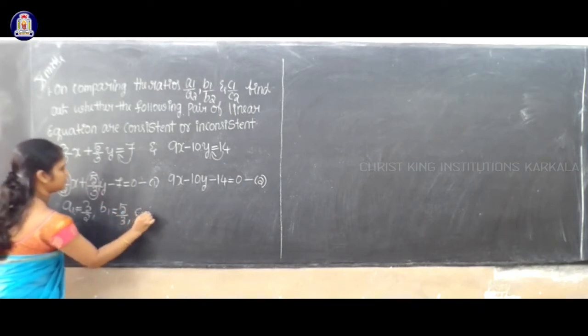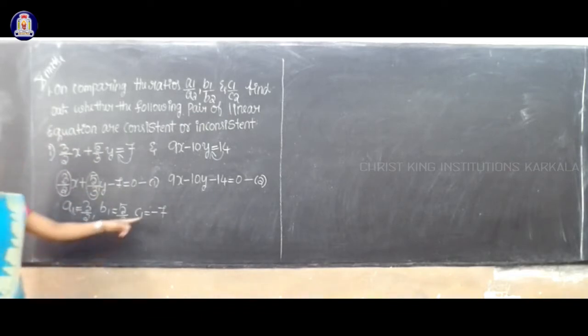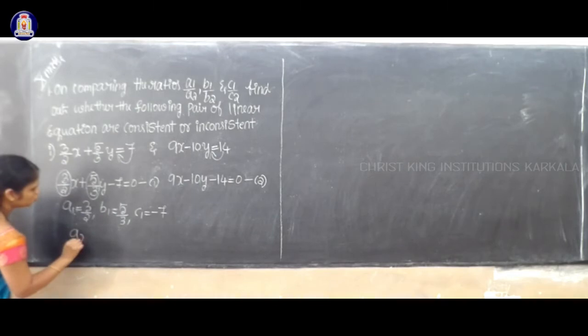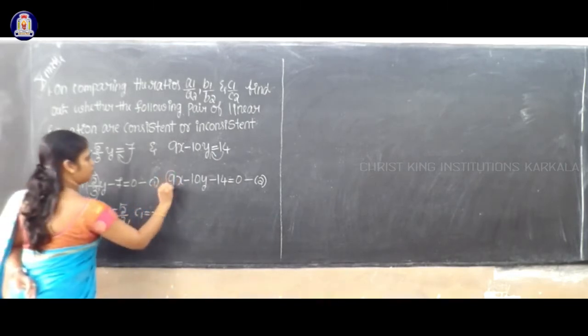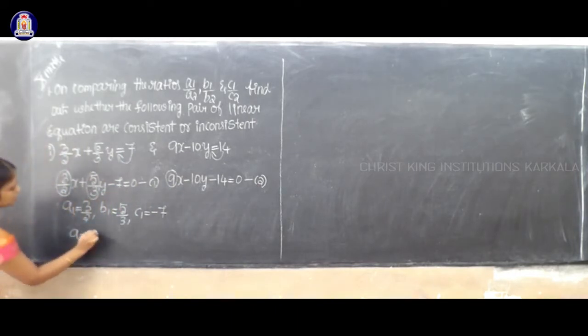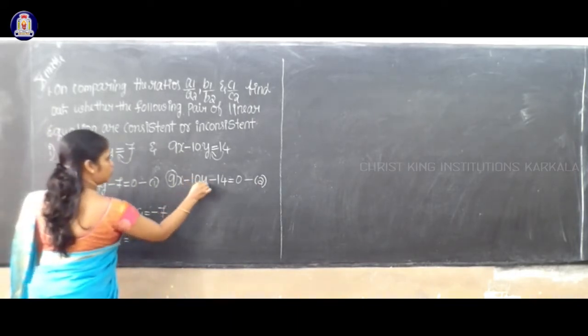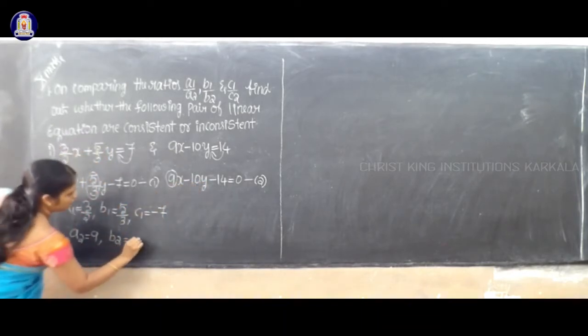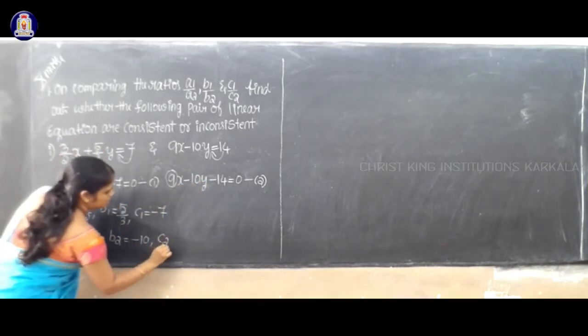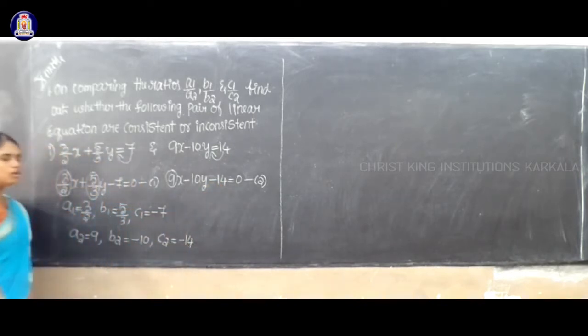Next, C1 is the constant term, which is minus 7. Next, A2 is the coefficient of x in equation number 2, that is 9. Next, B2 is the coefficient of y, that is minus 10. Next, C2 is the constant term, that is minus 14.